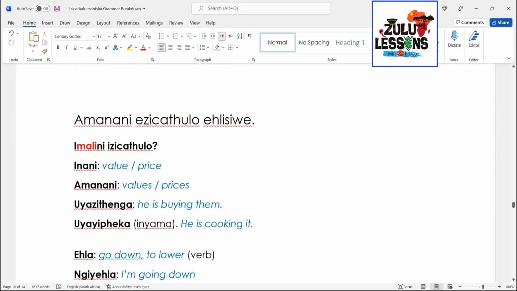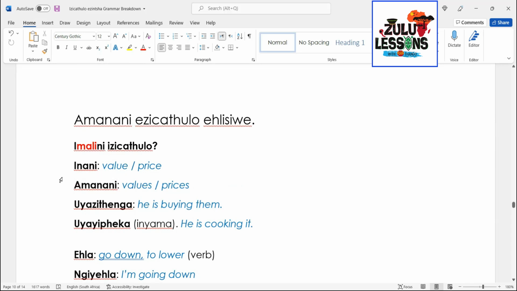Then the next sentence we are looking at is amanani ezicathulo ehlisiwe. So the price for the shoes has been reduced.